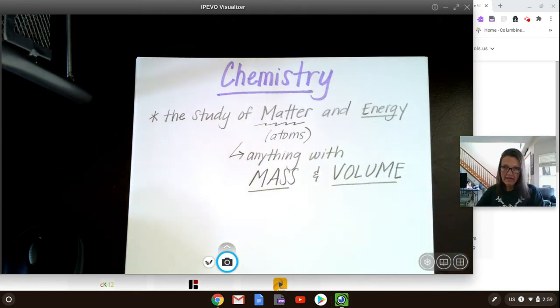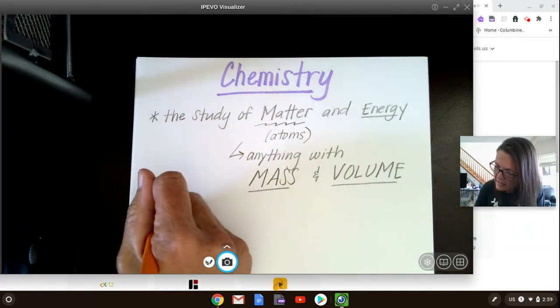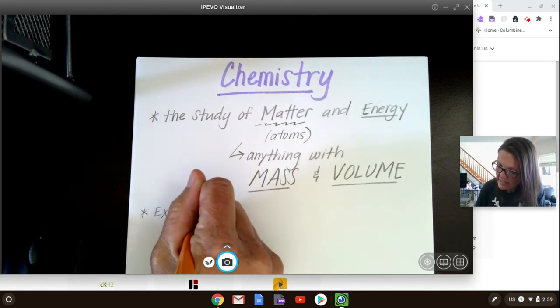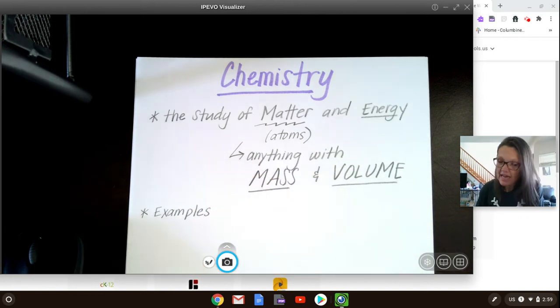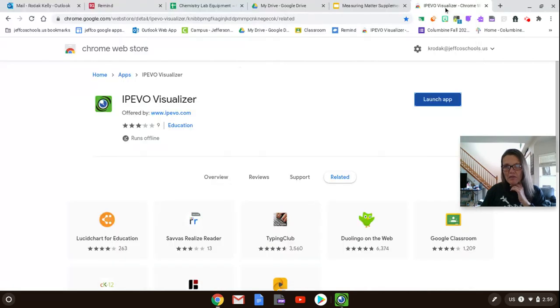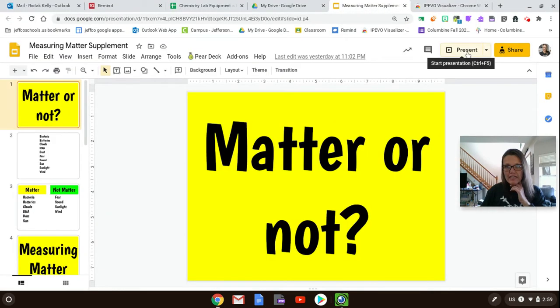Does the object have mass? Does the object have volume? And we're going to define what mass and volume are today in our conversation. Before we get into that, though, what I want to do is just get some examples of matter and not matter down on our paper. Okay, so go ahead and put your pencil down for a second and bear with me. We're going to flip over to a different screen here.